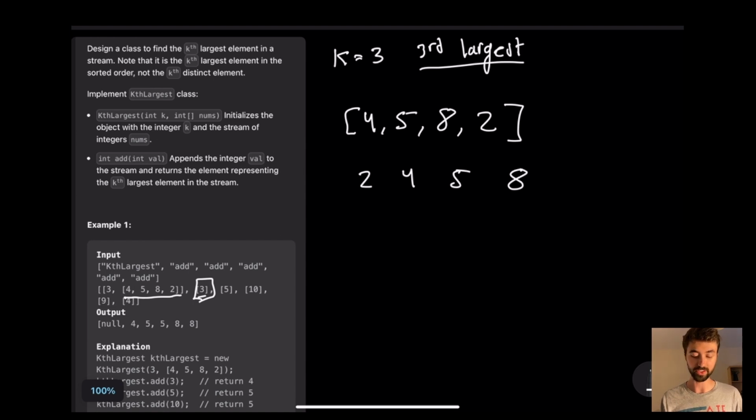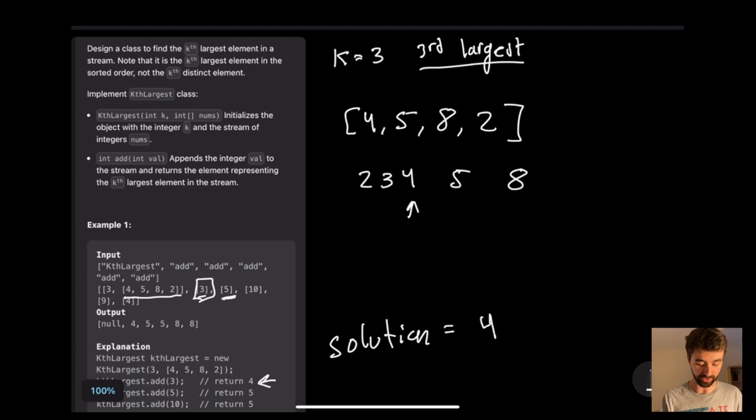So if we add the 3 and we add it in sorted order, it would go here. Now we look and take the third largest element because k is 3. So that's this 4. So for our solution, the first one we would return is 4. And as you can see, that is the correct first value.